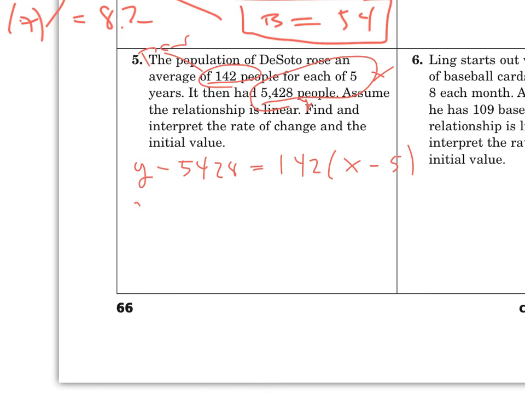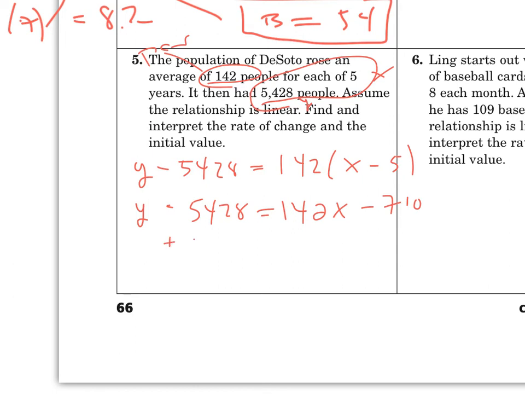If I could write it, that'd be dangerous. So y minus 5,428 equals 142x minus 5 times 142, which is 710.